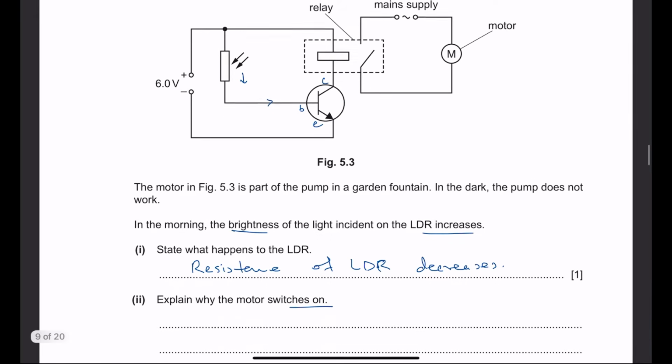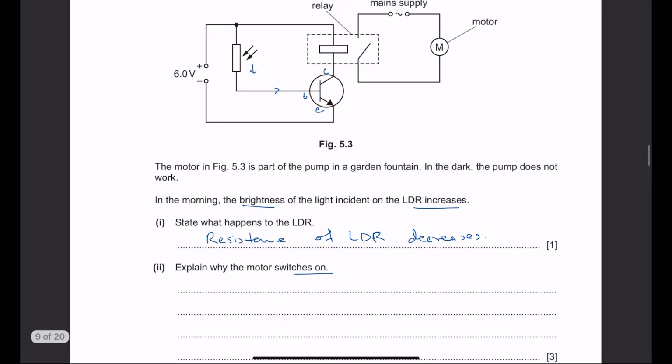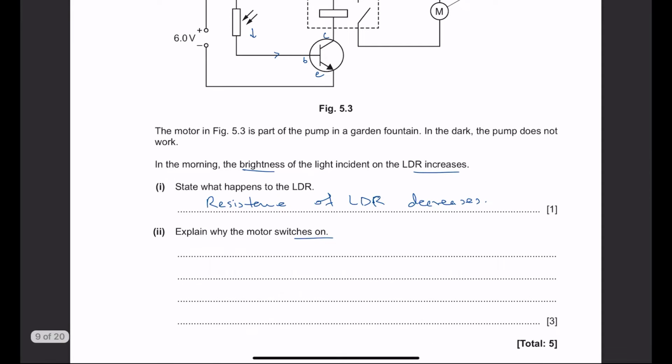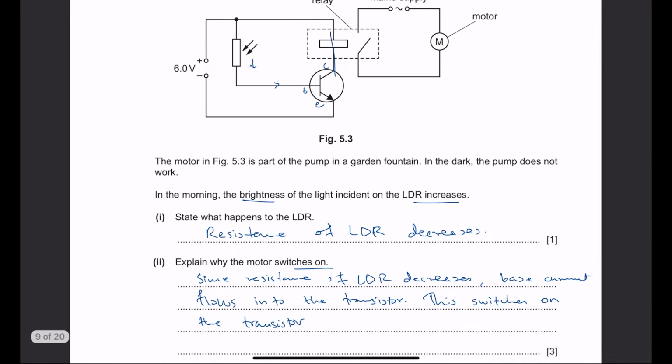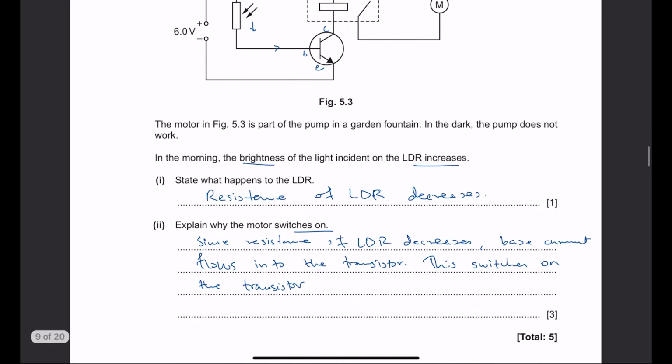So right now, since the resistance of LDR decreases, there is a current that will flow into the base of the transistor. And now you can see that the current can also flow from collector to emitter, so the current is flowing through the relay as well. So a current can flow through the relay coil.